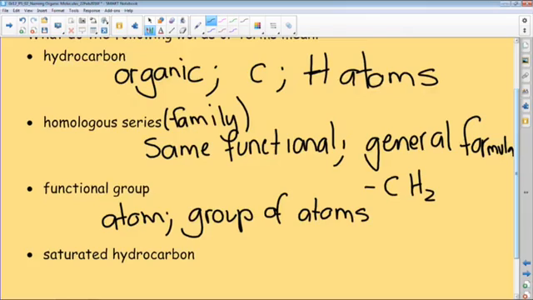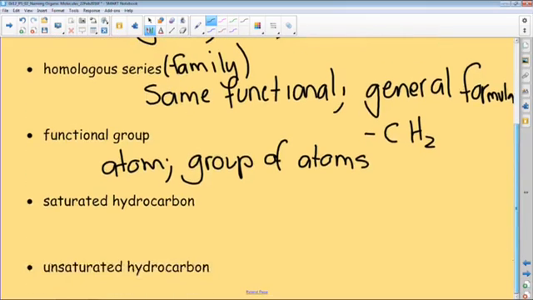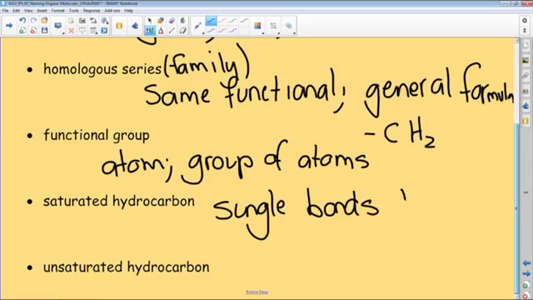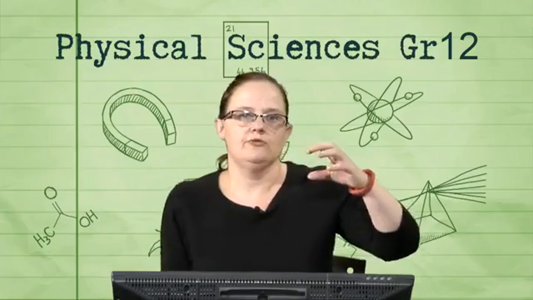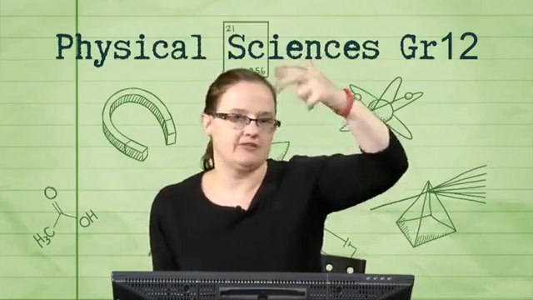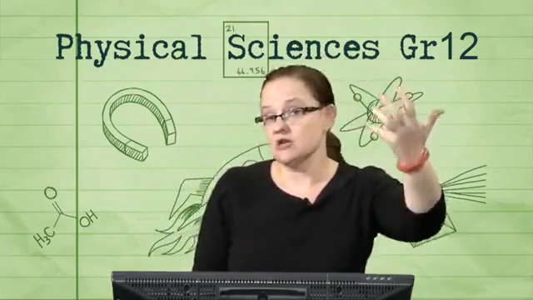A saturated hydrocarbon is a hydrocarbon that only has single bonds, but be careful here, between carbon atoms. This is really important because sometimes we get confused with some of our functional groups because they have double bonds in them, but it's between a carbon and an oxygen.